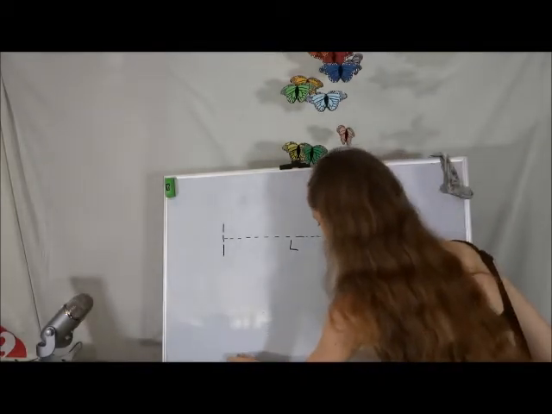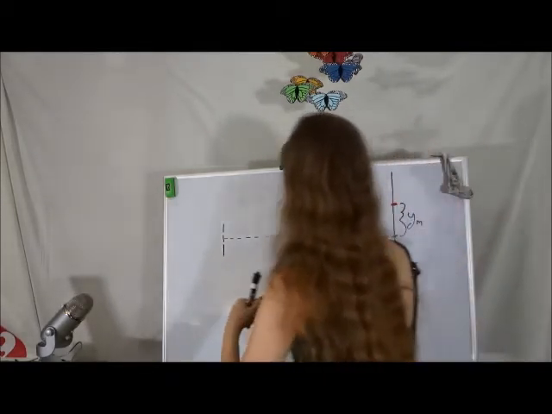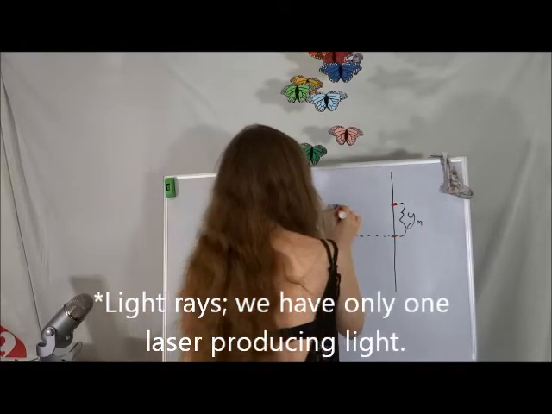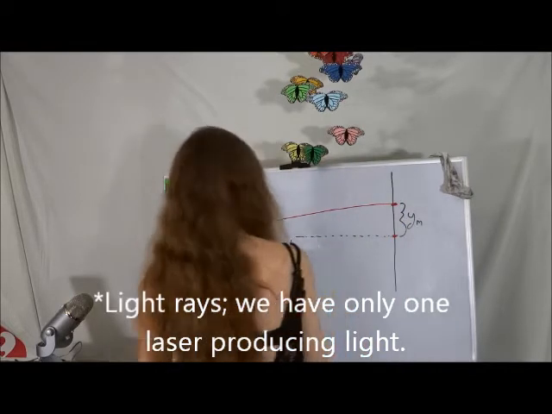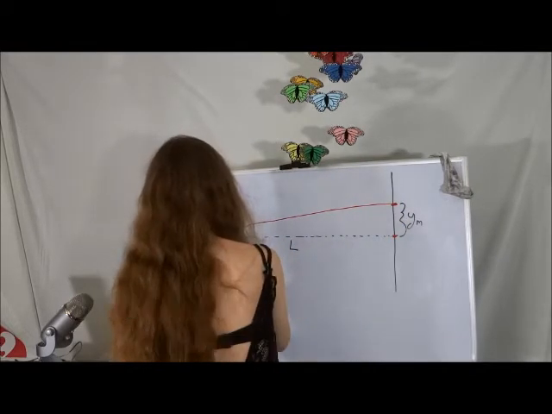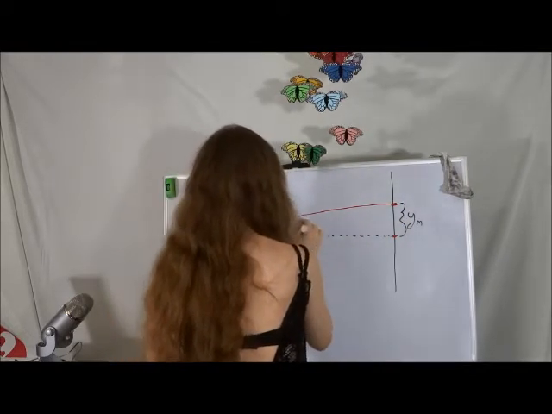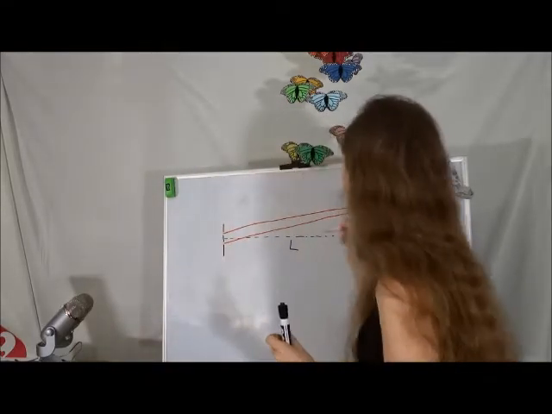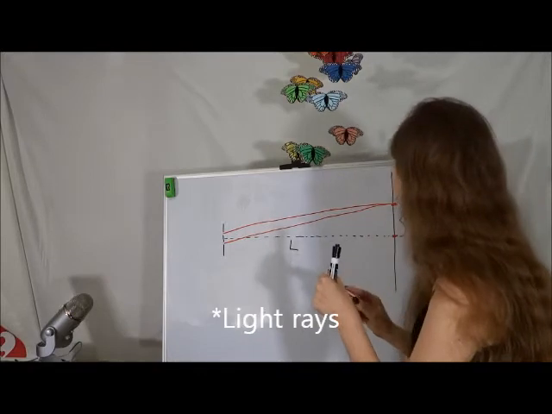Well, to do this, let's draw in our lasers. They're not going to be super important right now, but they will matter later. So I'm just going to draw in our laser light. Our two lasers are going to travel to hit the screen.